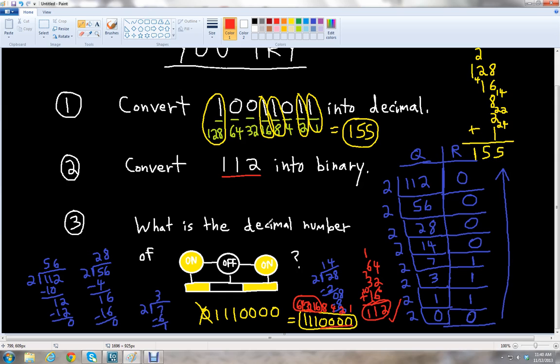And then last but not least is problem 3. What is the decimal number of the on, off, on setup for the light bulbs? So we know that 1 is supposed to be on, 0 is supposed to be off, 1 is supposed to be on, so we have 1, 0, 1.